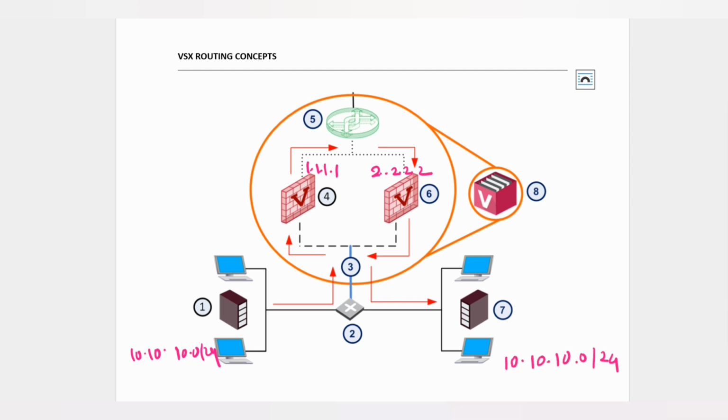So say this is network 1 and this is network 2. Network 1 and network 2 share the same network address pool, which might result in identical overlapping IP addresses.